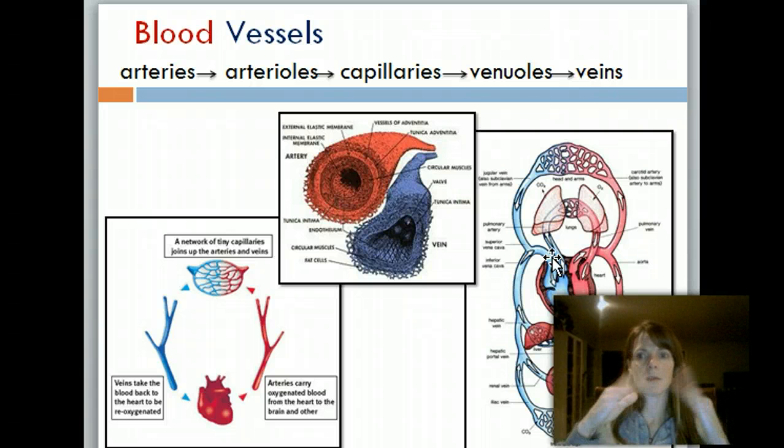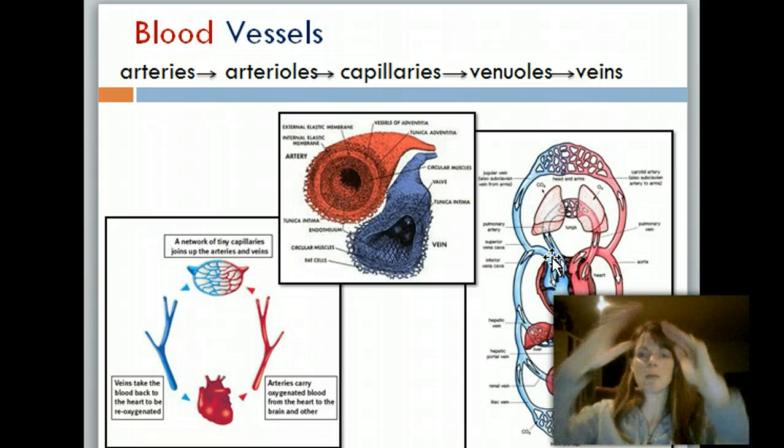So they open up and then they close. Well, if there's a lot of pressure on them, so say you cross your legs a lot or you're standing a lot, those valves have a lot of pressure on them, and they start to kind of open up, okay? So blood starts to pool right in that area where that valve is not closed all the way, and that's what causes varicose veins, okay? But typically those valves are shut, and they kind of keep helping to move that blood back up to the heart.